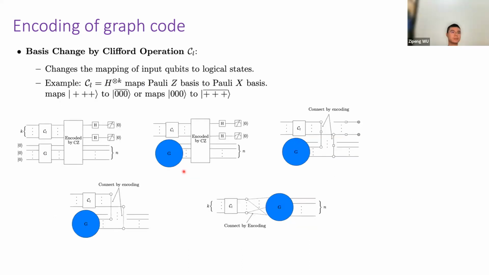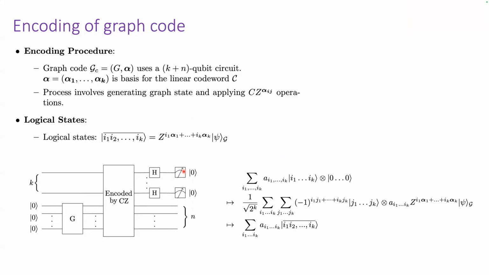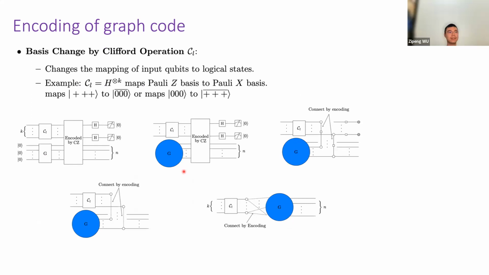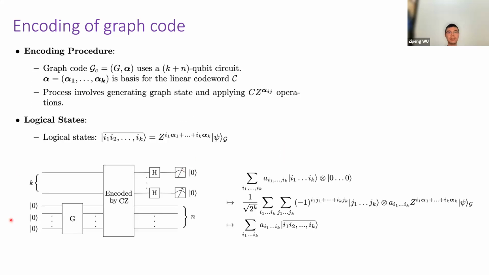Okay. So can I ask, how are the code words actually defined? Do you choose, can you make a choice of what code words you want? Yes, that's what I'm going to talk about in the next slides. This circuit is actually fixed.